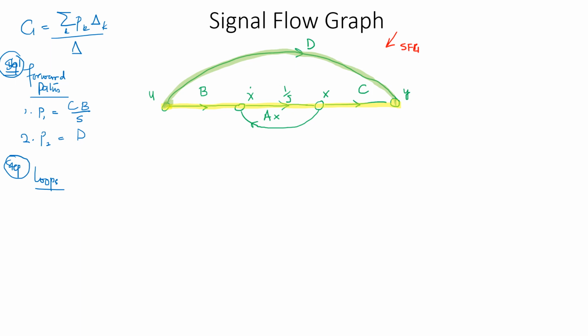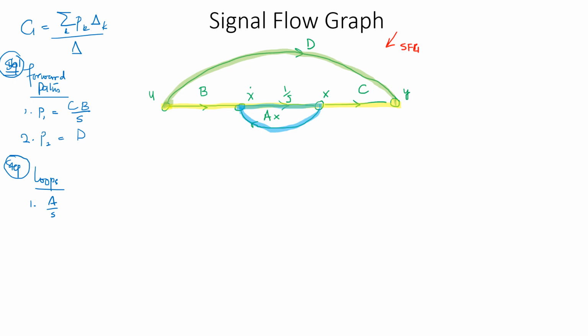You start from one node, and after completing the full route, you get back to the same node; this would be the loop. So this loop is available over here, and it can have a gain associated with it. I can write that down. That is going to be A over S. So this is the loop gain of loop number one.